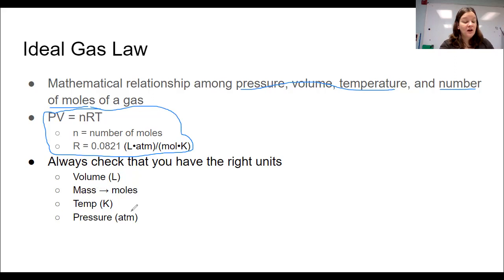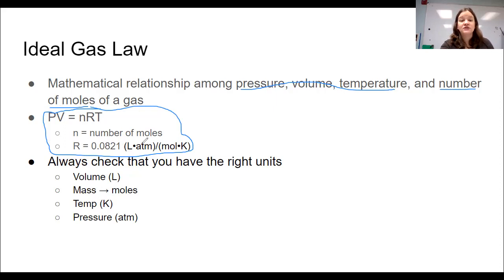Okay, so there are different values for R if you change any of those things. So temperature is always in kelvins, and N is always in moles. But if you use pressure in kPa, you would use a different value for this. But the stuff with your textbook is applying it at 0.0821.